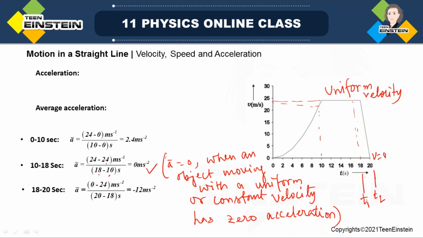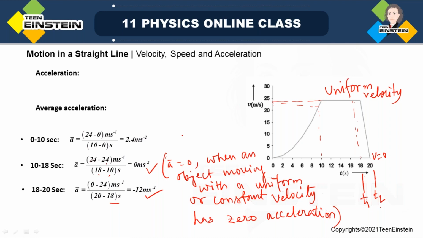At 20 the velocity is 0, so the final velocity is 0 and the initial velocity is 24, with t2 equal to 20 and t1 equal to 18. So here you get 0 minus 24 over 2, which is minus 12 meter per second square. This is how you can find average acceleration from a velocity time graph.